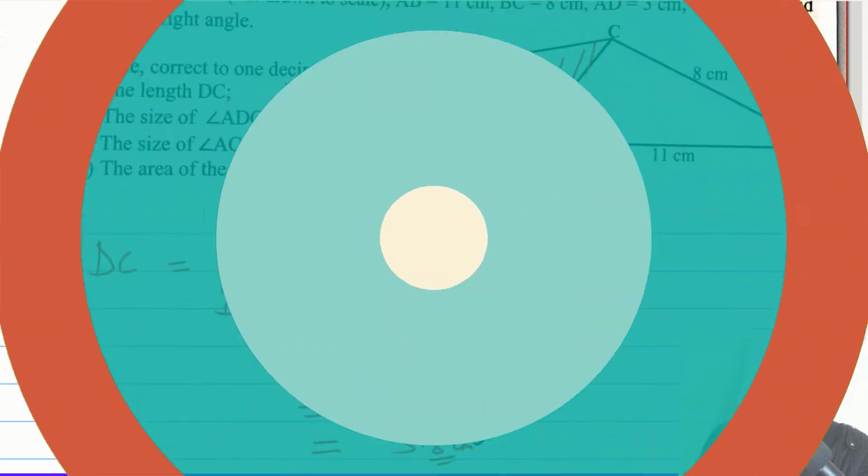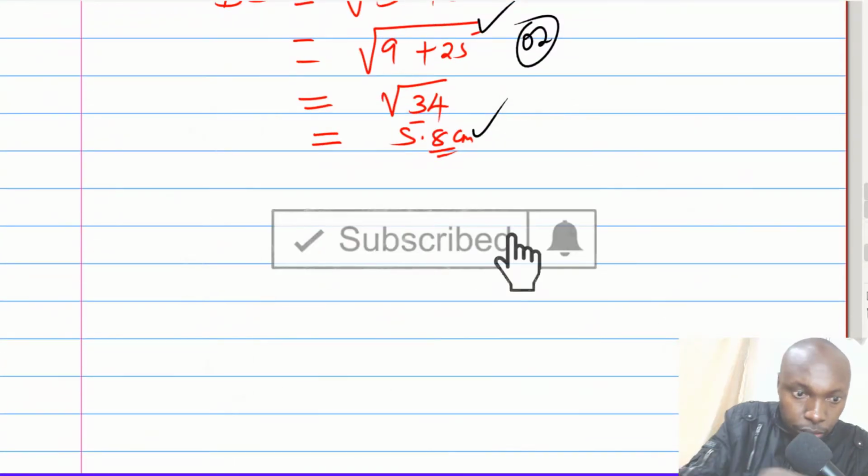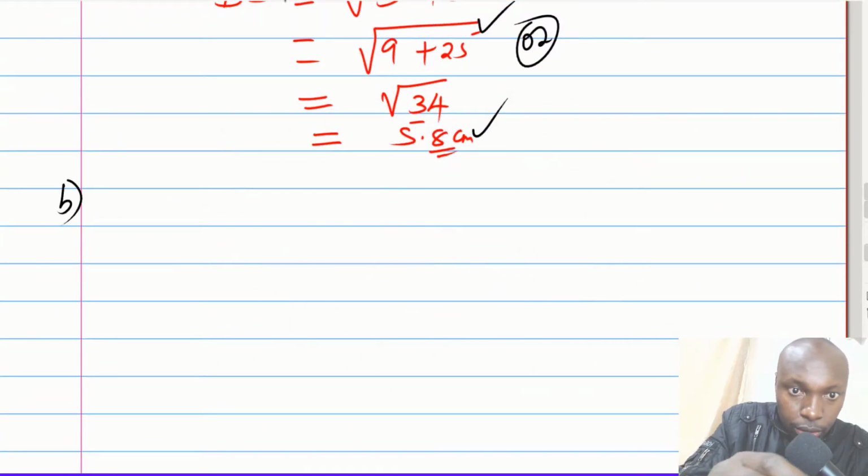The second one is the size of angle ADC. Now you notice that to get the size of angle ADC, we shall use the same triangle. So for B, ADC, I will extract that triangle here.